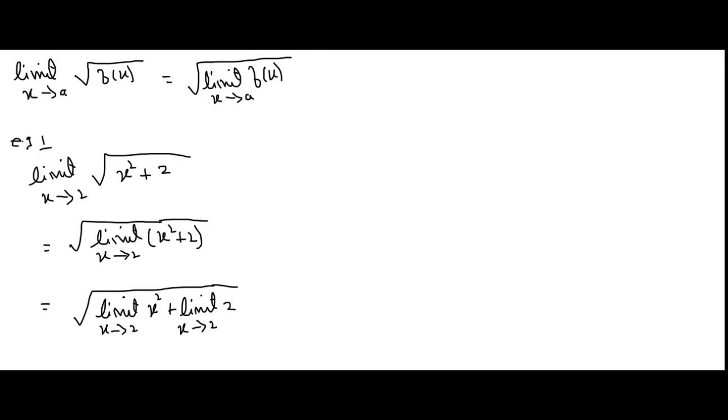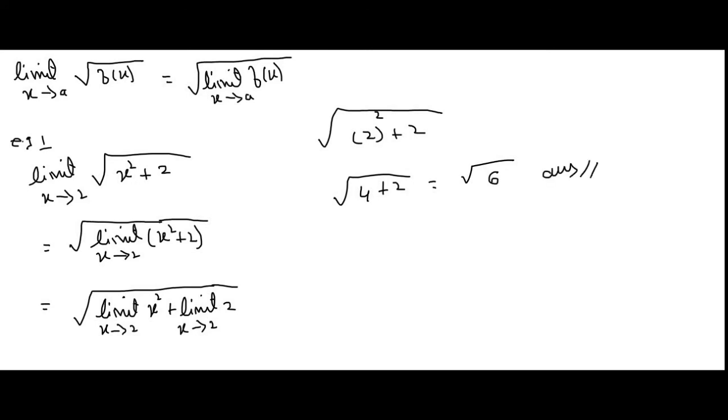So 2 squared, and 2 is the constant, and we'll put the radical sign here. So 4 plus 2 under root, 6 is your answer. So this is the formula for applying the limit when there is a radical sign.